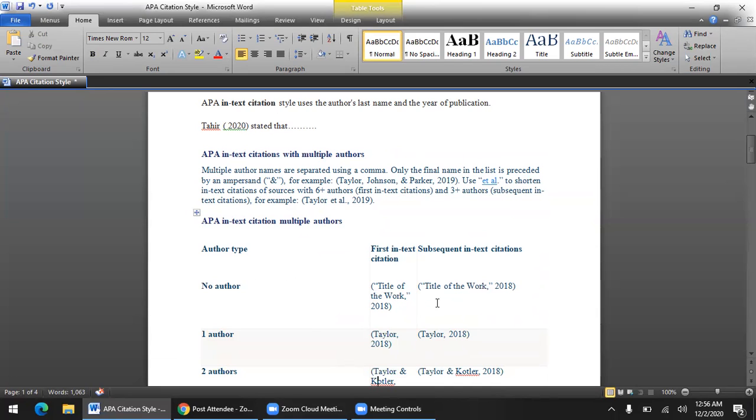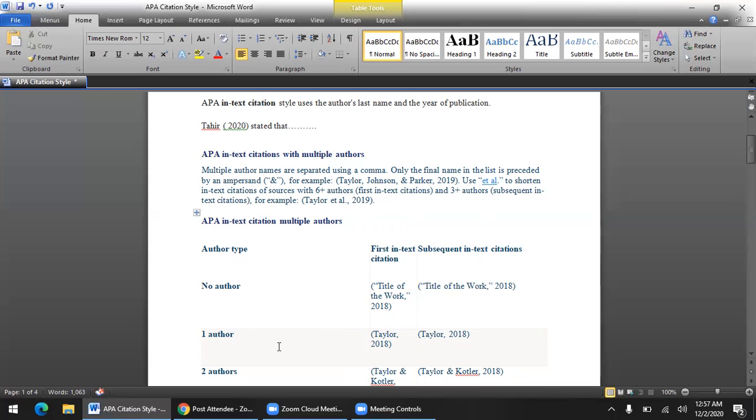If the work is untitled, just write down the title in quotation marks. The title must be in quotations, followed by a comma, and then the year of publication, for example 2018. So you will write it like this with no author, anonymous author.